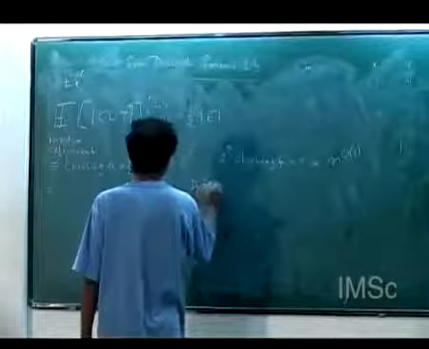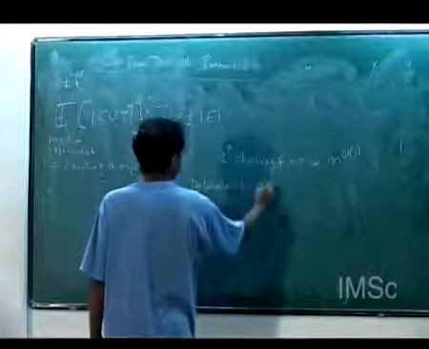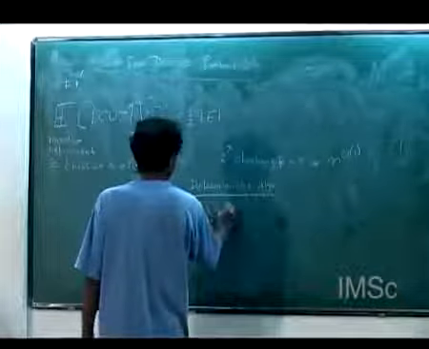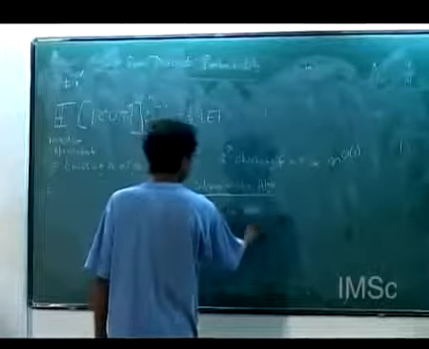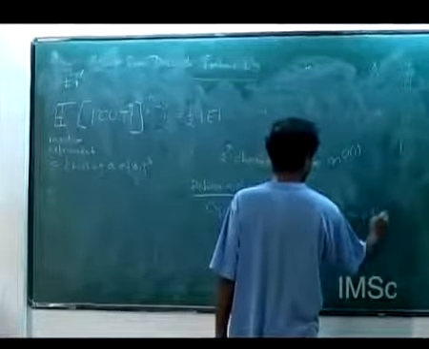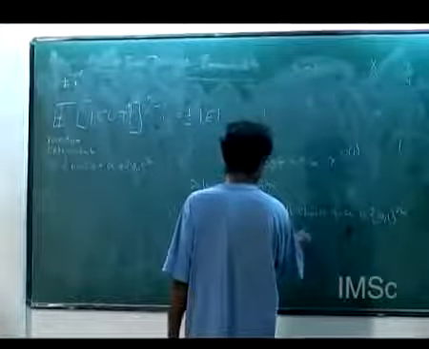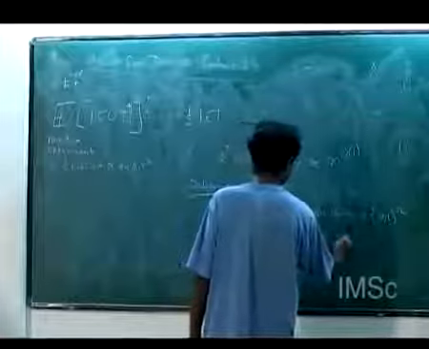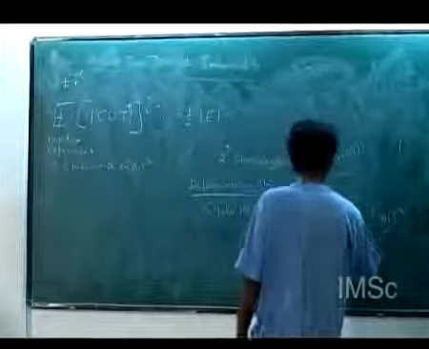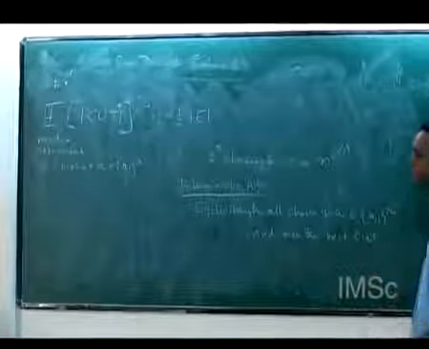Deterministic algorithm: cycle through all choices of A and take the best cut. This is called one example of de-randomization. You could de-randomize the algorithm completely.